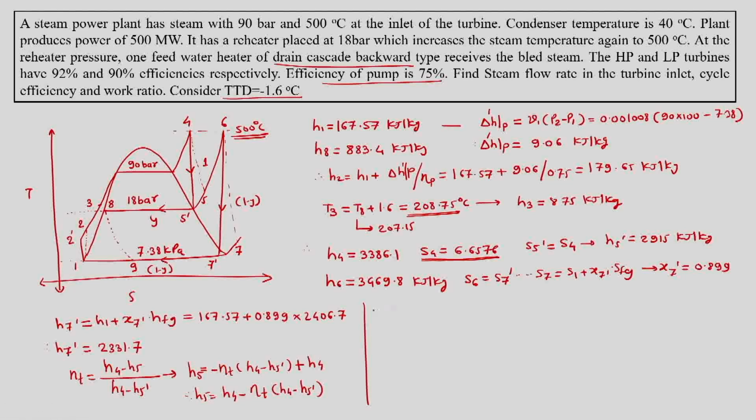So we have H4 for us as 3386.1 minus turbine efficiency.